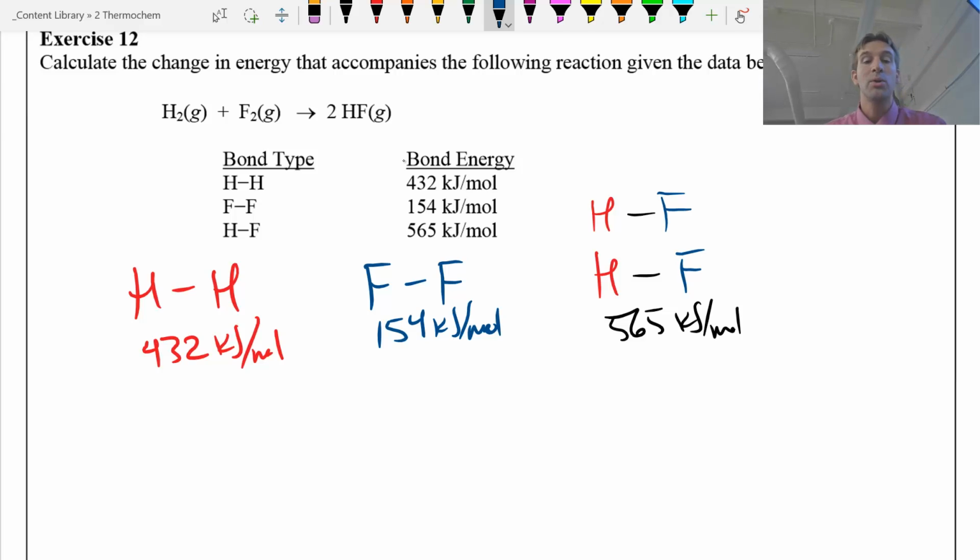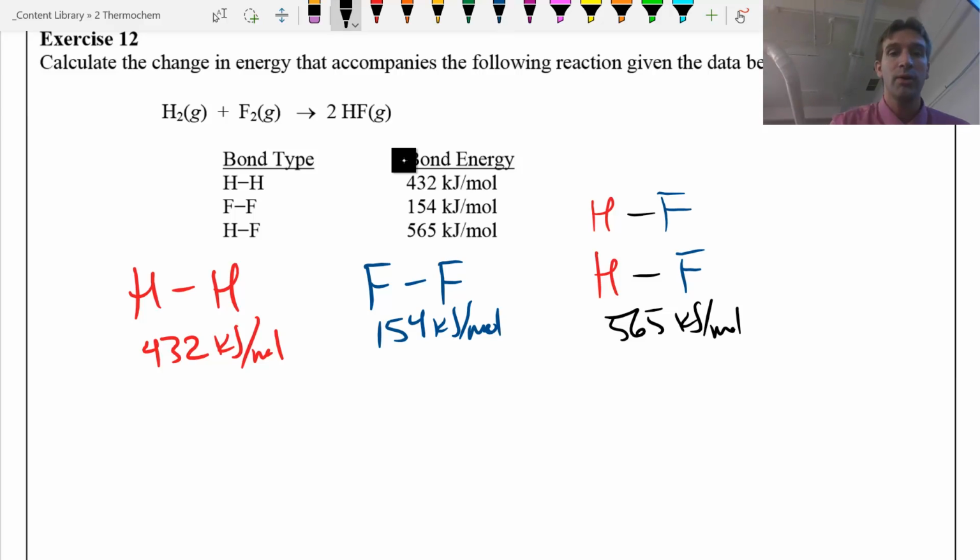If I want to figure out the total amount of energy change, I've got to figure out the sum of energies. Think about this: as products form, they're more stable, so they give off energy. The reactants that are breaking are where we absorb energy, and that overcomes the forces that hold them together.